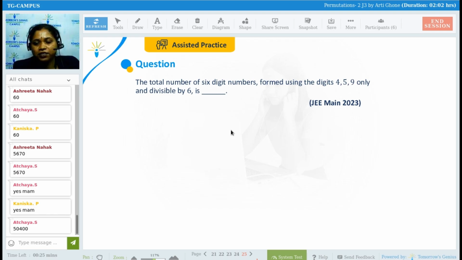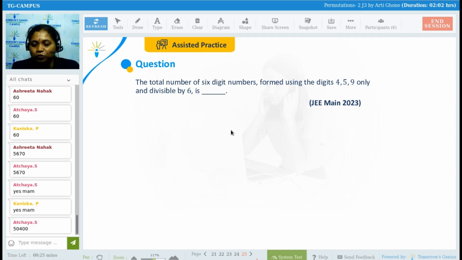The total number of 6 digit numbers formed using the digits 4, 5, 9 only, divisible by 6. First thing, this is the matter. 6-digit number and 3 digits are provided only. So 4 may be repeating, 5 may be repeating, 9 may be repeating, or 4 and 5 both are repeating, or 5 and 9 both are repeating, or 5, 4, 9 all three are repeating.